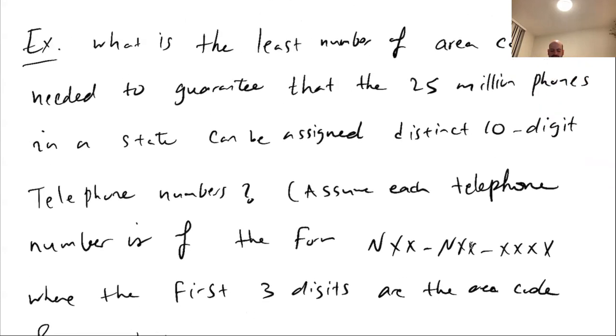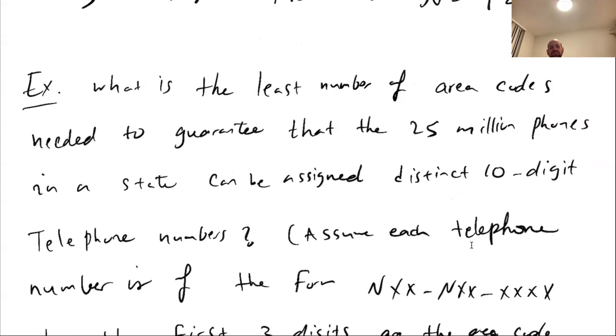Okay, so let me explain this question. In Greater Vancouver, I think, we had 2 area codes previously, 778 and 604. But recently, it seems those 2 were not enough, and 1 area code was added, I think 236.